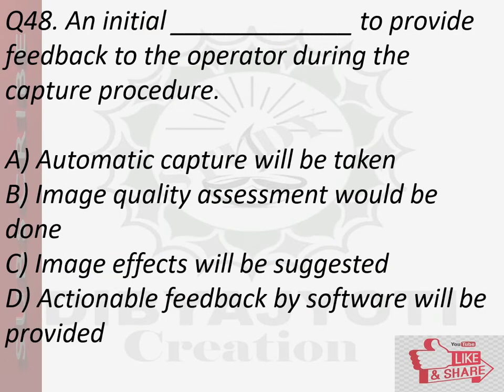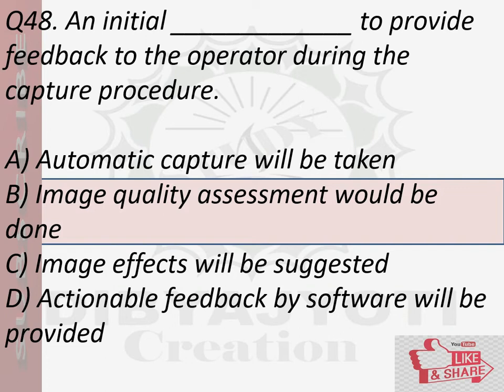Then next, an initial dash to provide feedback to the operator during the capture procedure. Options are option A, automatic capture will be taken, option B, image quality assessment would be done, option C, image effects will be suggested, option D, actionable feedback by software will be provided, and answer is option B, image quality assessment would be done.